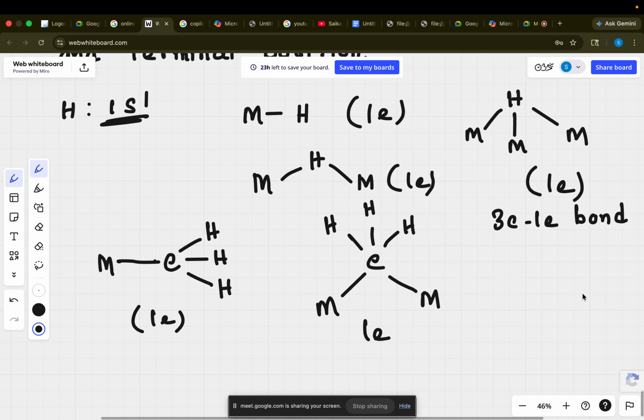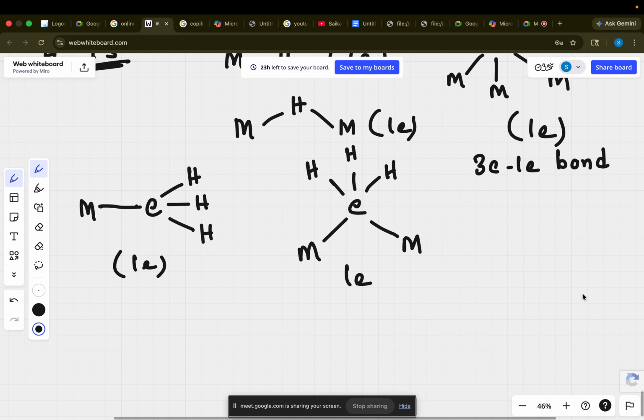So if you have one electron and the ligand is attaching with more than one metal center, no need to worry. It will donate only one electron, because it has only one electron. It cannot donate more than that.